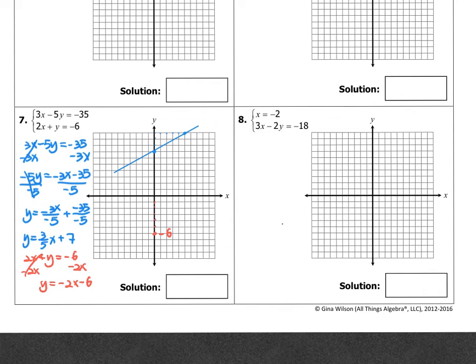I rise by 2. I run by negative, run by negative 1. My apologies. Because this m is negative 2, which is negative 2 over 1. So I rise by 2, run by negative 1, and then I draw the line here.